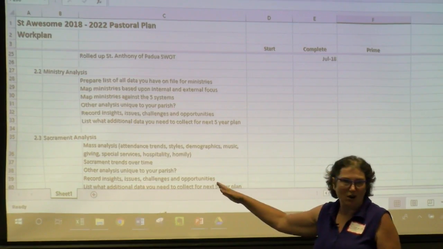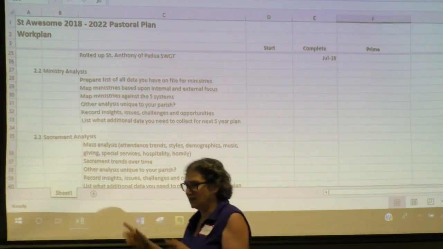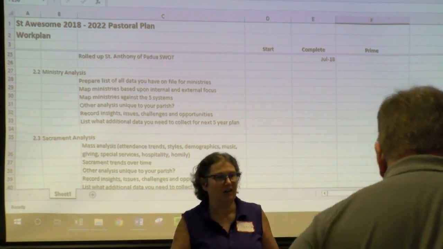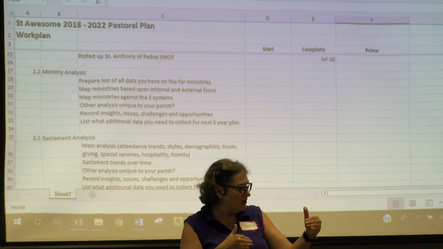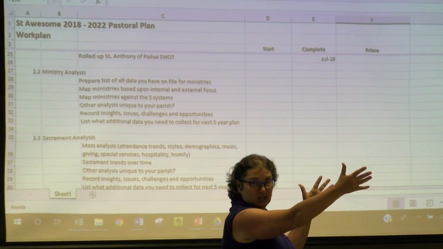So I don't want to go into a whole lot of detail on this. I wanted to show you, I'll go back to the other one. You're collecting internal data and external data. You're sitting back as a council and studying what the issues are, what the insights are, what the ahas are. And then you're mapping it up to here.